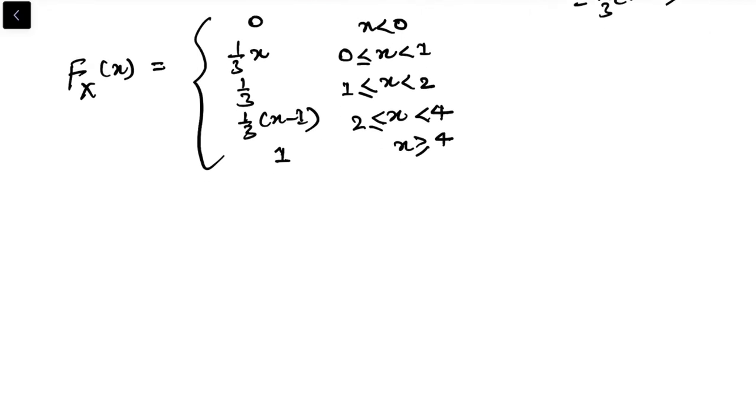Now let's move on to the next question. In this question, you are given the PDF. So when z is greater than 0, PDF is k times z times e to the power minus z square.